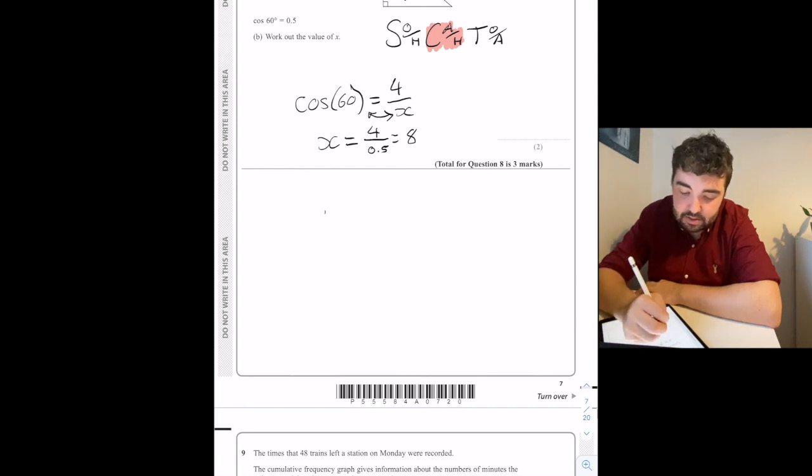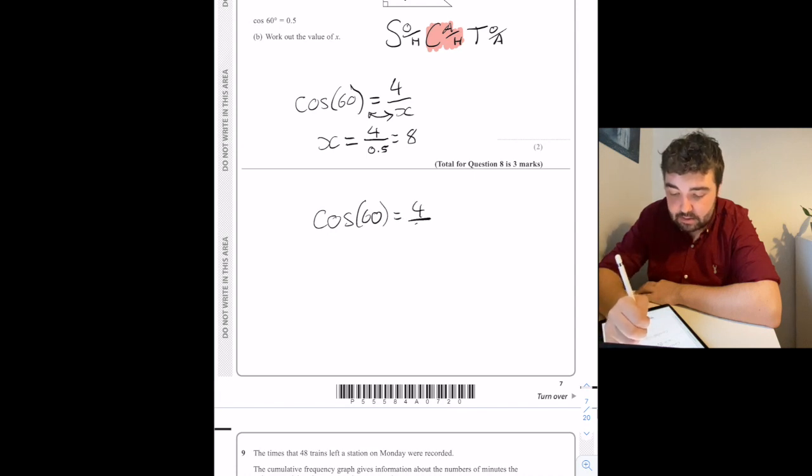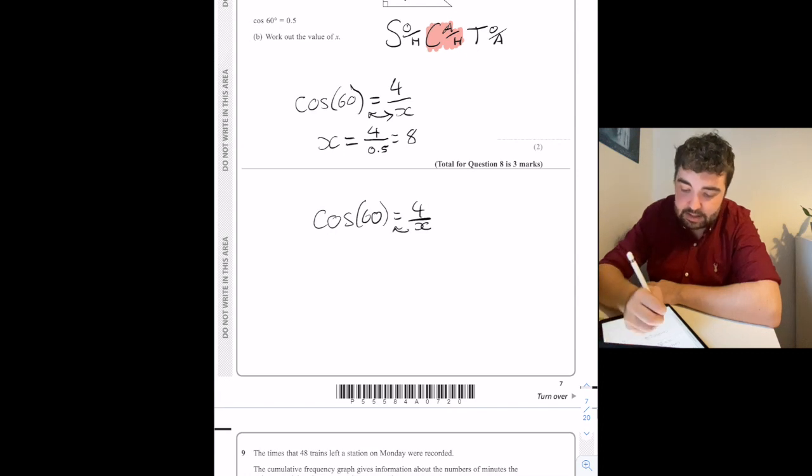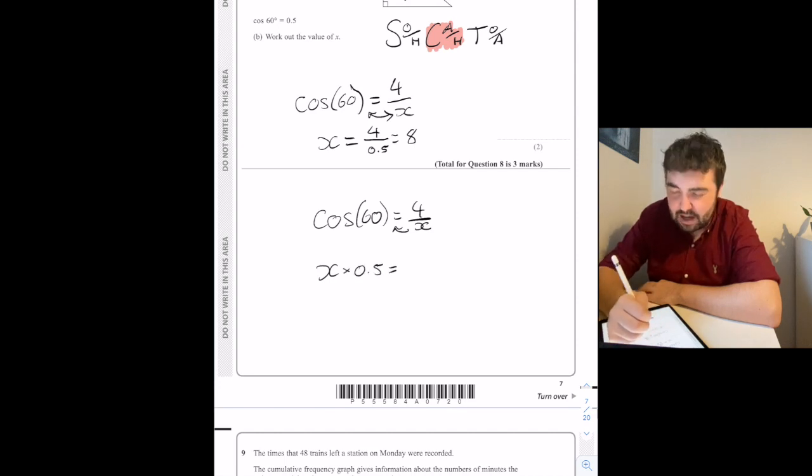Right. So cos 60 equals 4 over x. So what I can do is multiply up by the x, right? So x cos 60, I don't want to write cos 60, x times 0.5. Once again, abhorrent algebra from me there.